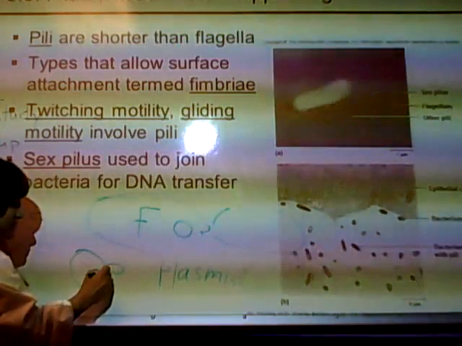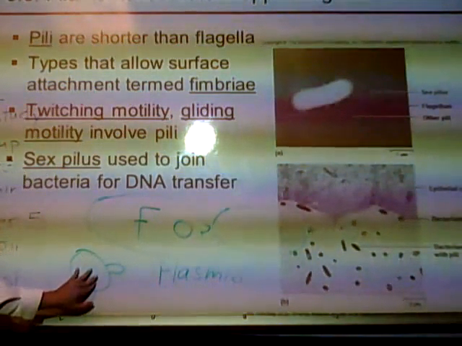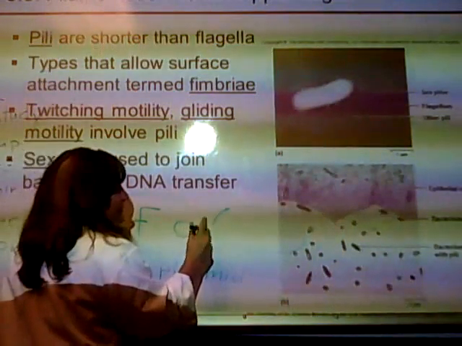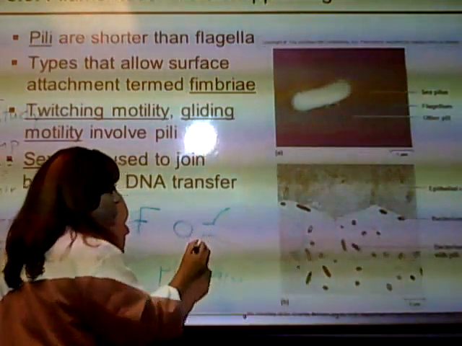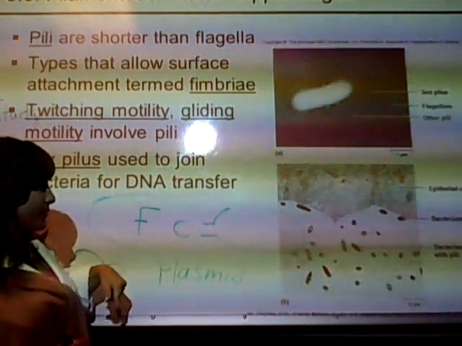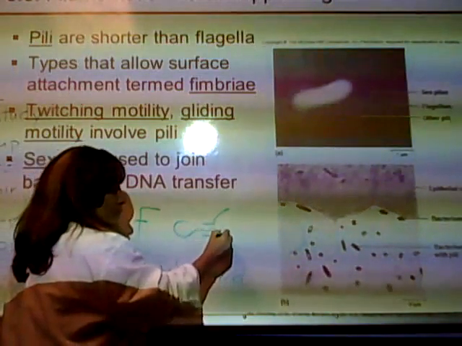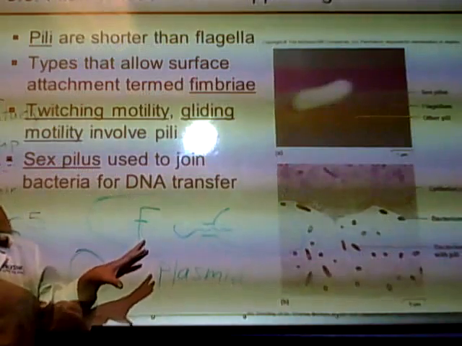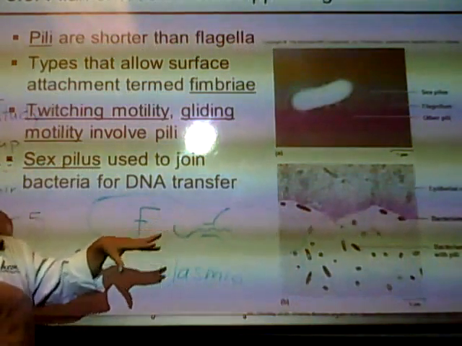All right, that is your F pilus. The F pilus is going to make a little tube like that, and then this plasmid is going to open up and just get squirted through here. So that's step 2. It opens and it goes through to the next bacteria.